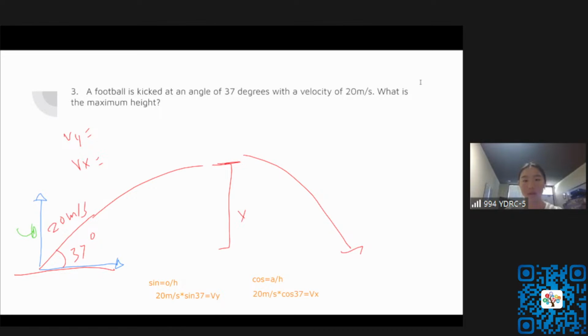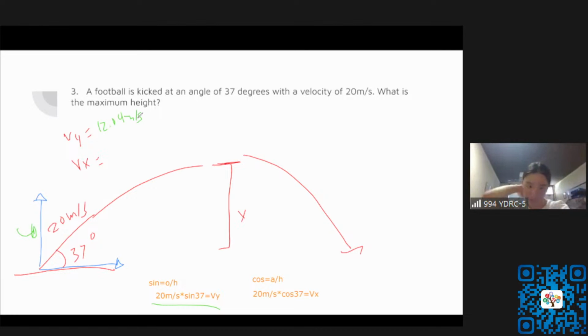Okay, so now we have our initial. Most of you got it: if you multiply this out, you'll find that Vy is basically 12.04 meters per second.